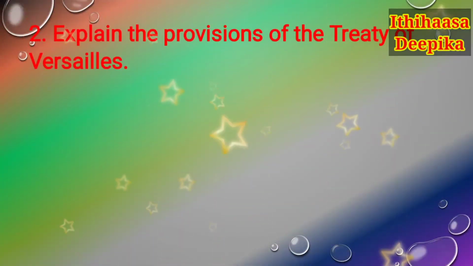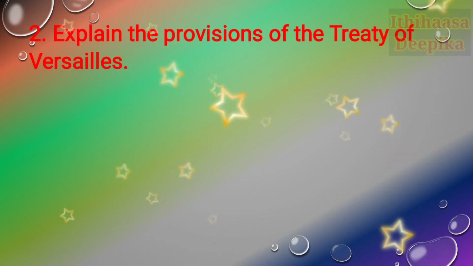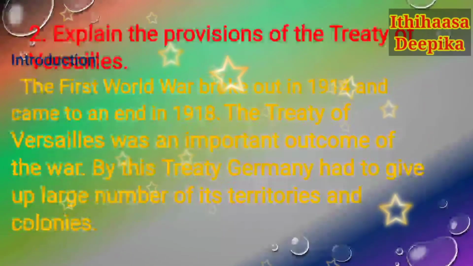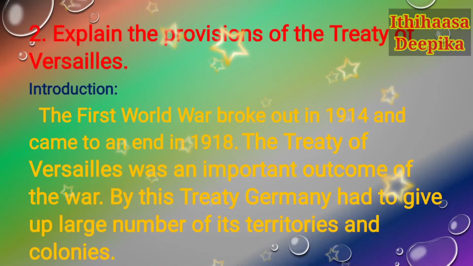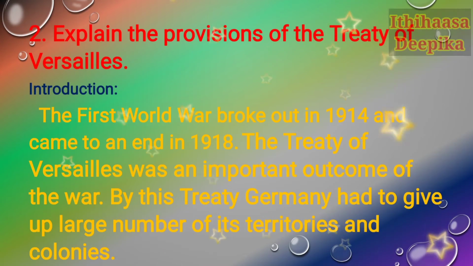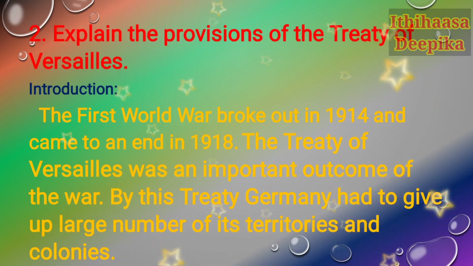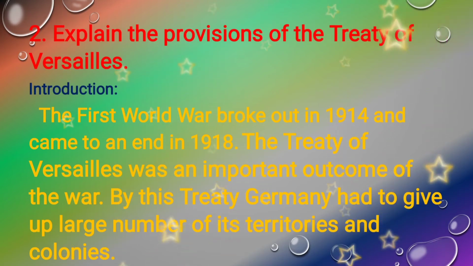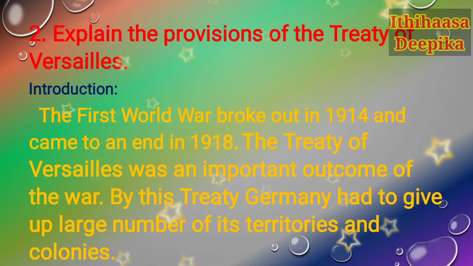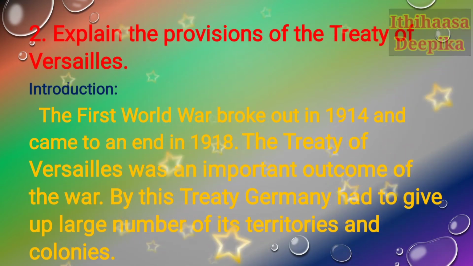Question number 2. Explain the provisions of the Treaty of Versailles. Introduction. The First World War broke out in 1914 and came to an end in 1918. The Treaty of Versailles was an important outcome of the war.